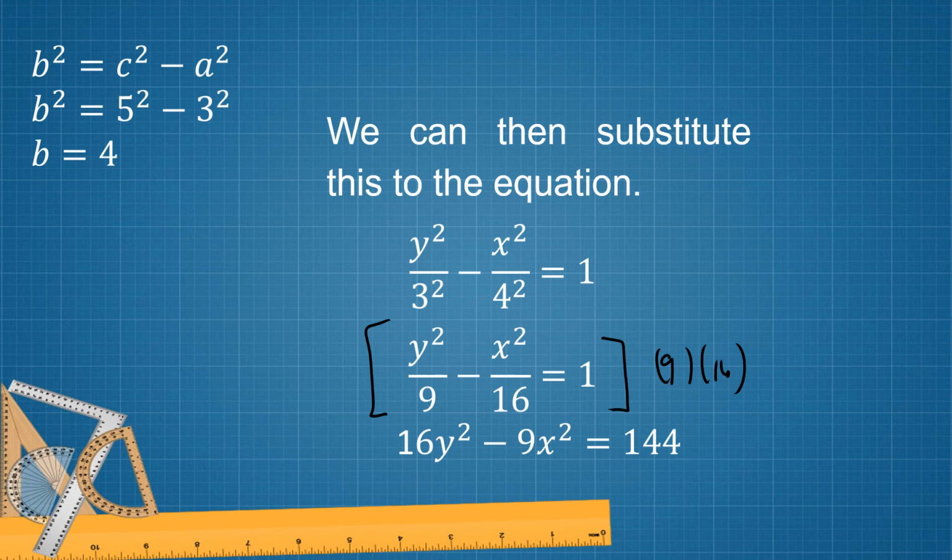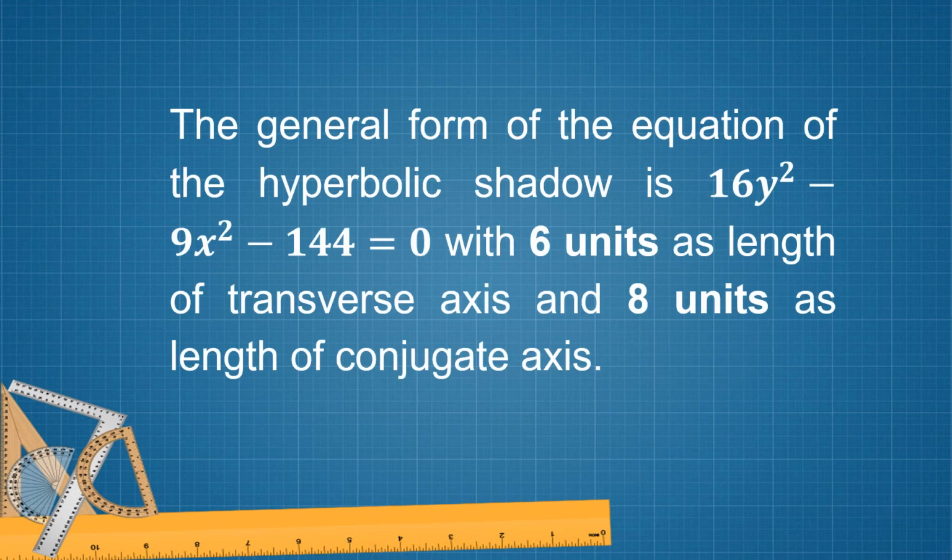Next, 9 times 16 times 1 is equal to 144. Now, what are we going to do? We're going to use the subtraction property of equality. So, therefore, the general form of the equation of the hyperbolic shadow is 16y squared minus 9x squared minus 144 equals 0, with 6 units as the length of the transverse axis and 8 units as the length of the conjugate axis.